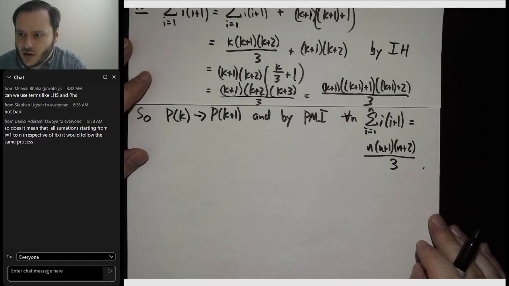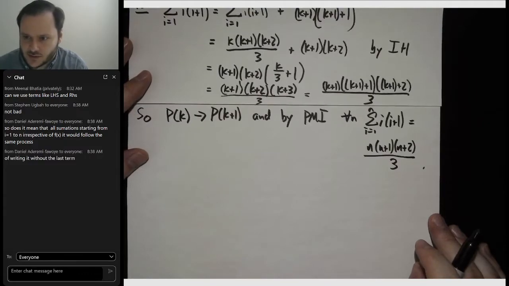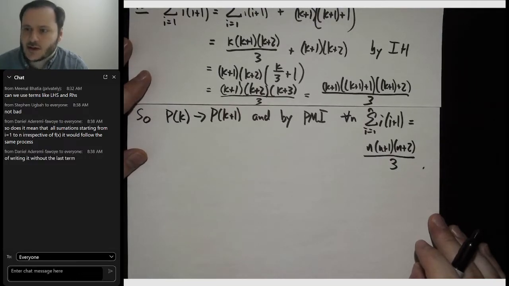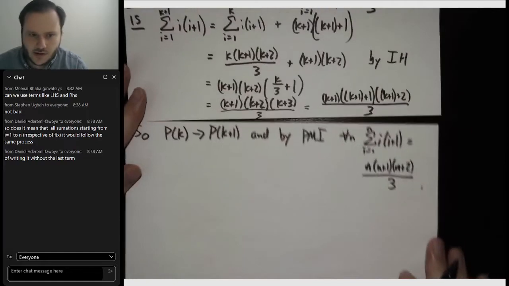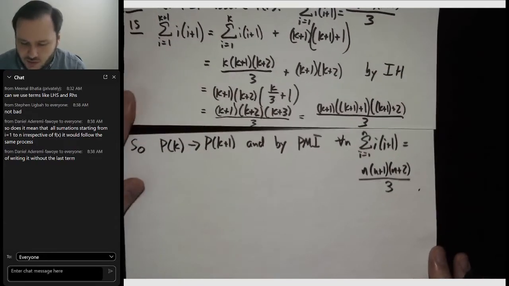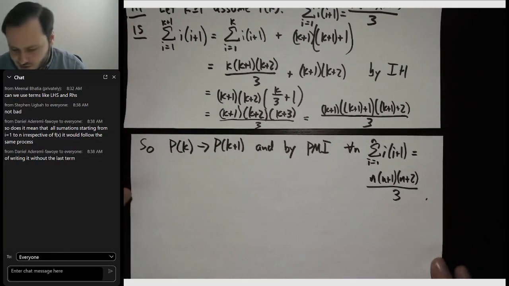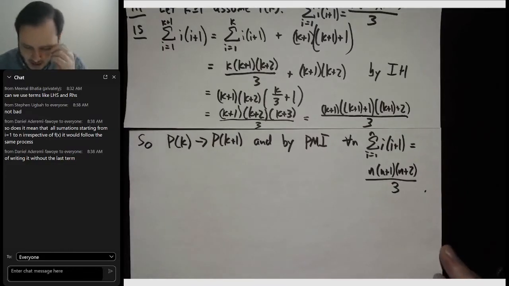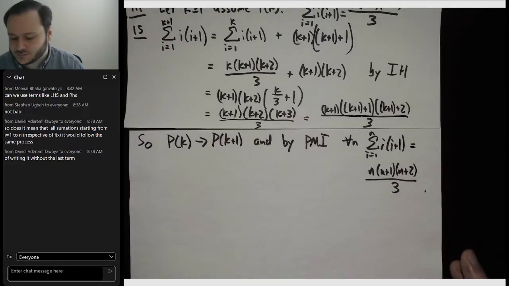Does it mean that all summations starting from i equals 1 to n, irrespective of f of x, would follow the same process? So I'm not going to make such a bold, large claim about all functions f of x, but certainly this is a common theme.